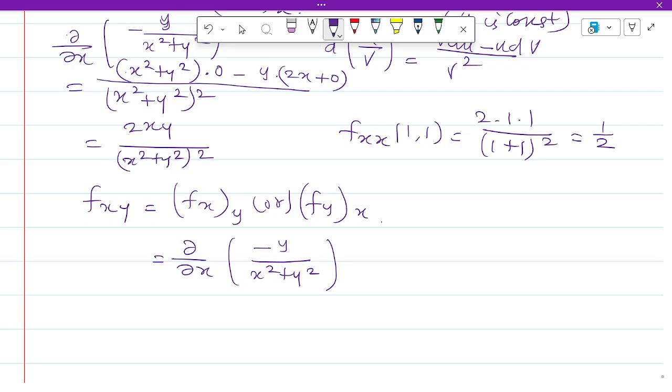I think it is dou by dou y of, not dou by dou x, dou by dou y of minus y divided by x square plus y square. This one. Fx you differentiate with respect to y.